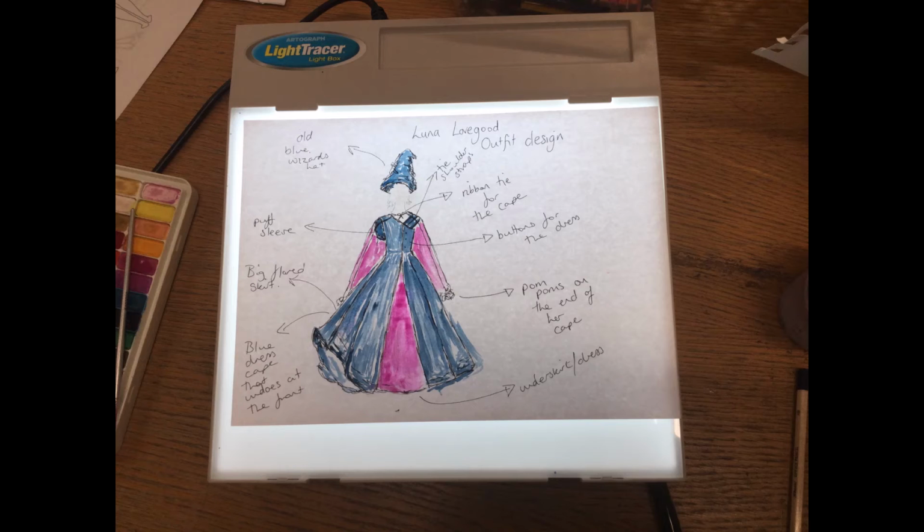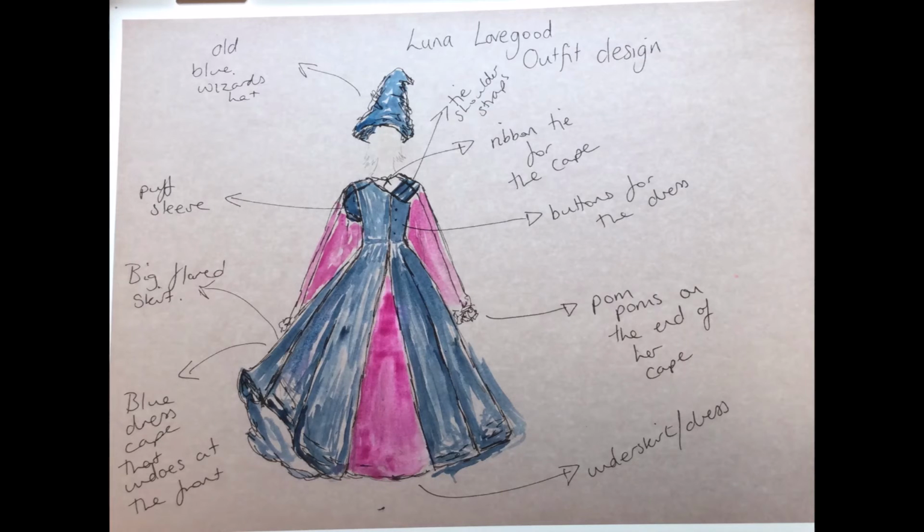So effectively I've come up with my design and I've added my colour using watercolour paints. From there I've then added the title. So the title for my piece of work needs to be the character's name, and it should then say something like design for the Yule Ball.